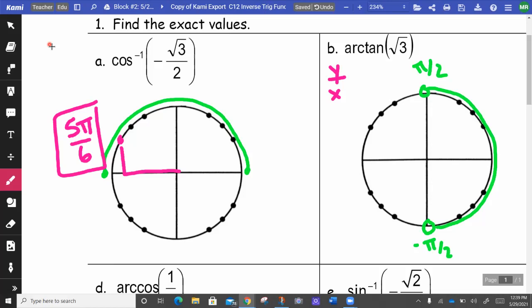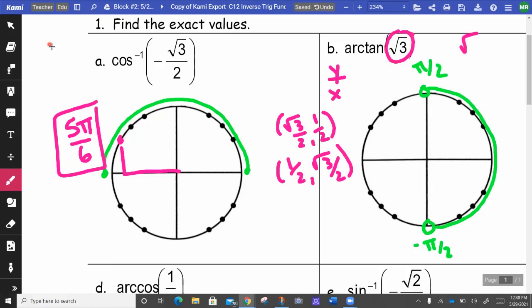And what you want to pay attention to is for your tan, and it helps just practicing seeing this enough, that if I have a root 3 halves comma 1 half versus a 1 half comma root 3 halves, which one would give me a root 3 and which one would give me a root 3 over 3? Because we see that. If you have your root 3 halves in your numerator, that gives you a root 3.